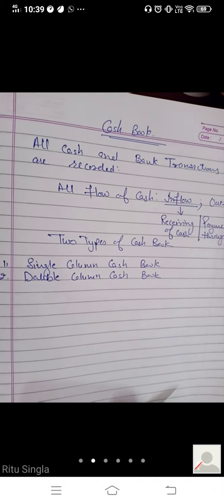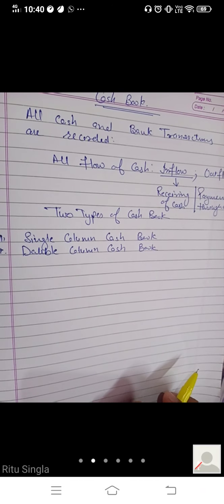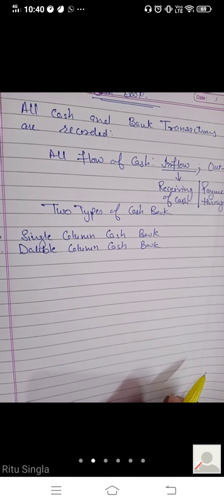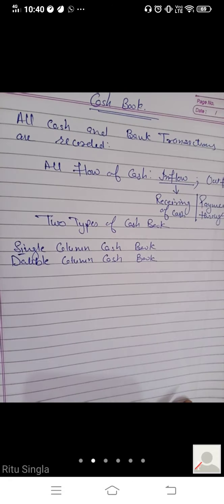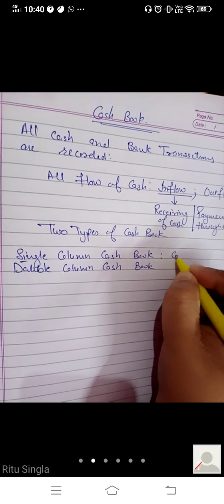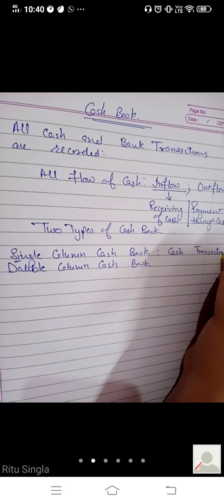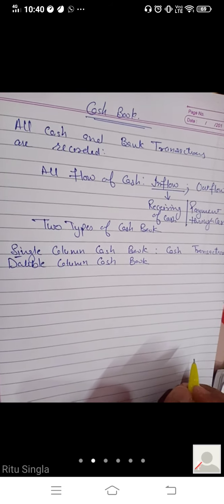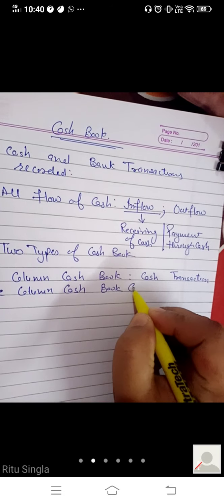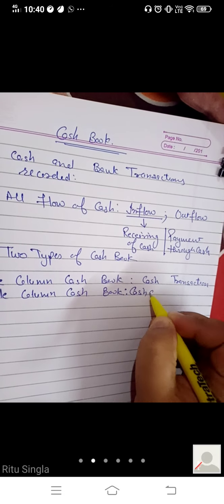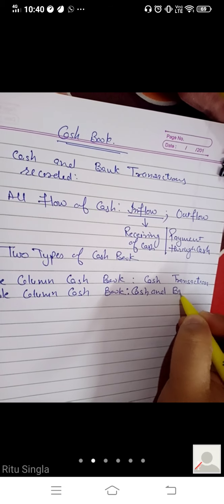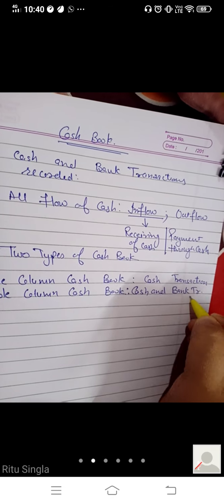In single column cash book, only cash transactions will be there, and the double column cash book, cash and bank transactions will be there.